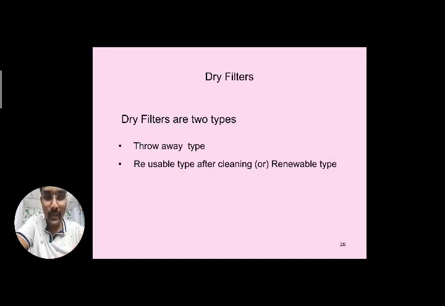It becomes renewable, or reusable again. It can be placed at the same place and used again and again. So again there are two types: throwaway type and reusable type after cleaning, or renewable type.